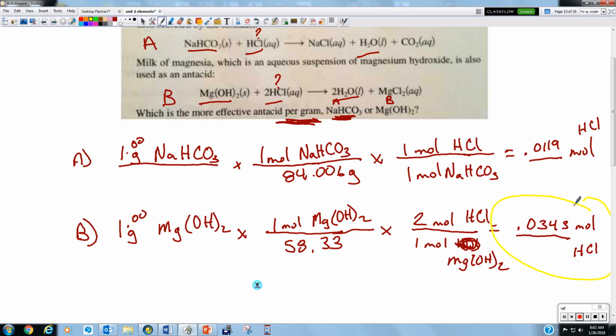So on the pharmaceutical side, it helps determine what dose we need to get the proper neutralization.